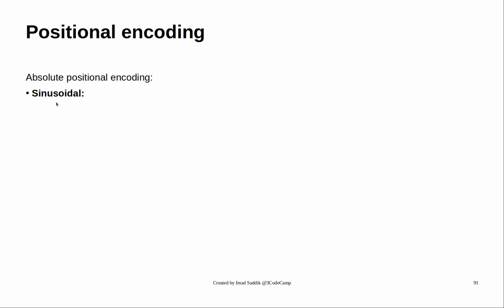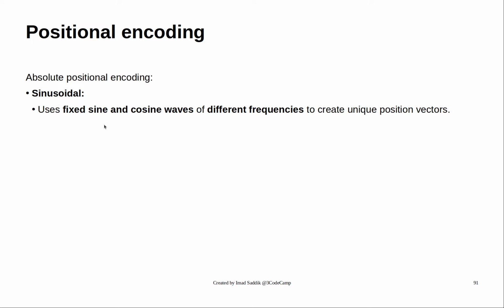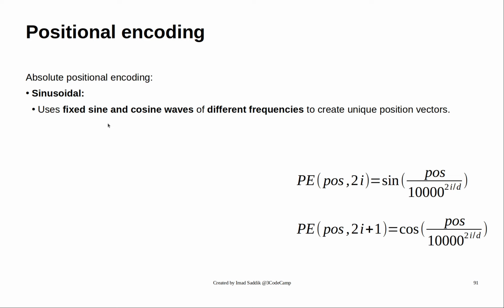Next, we have sinusoidal positional encoding. Instead of learning position vectors, we use mathematical formulas, sine and cosine waves, with different frequencies. As you can see, here are the formulas we use to generate them. This method was used in the original transformer paper.